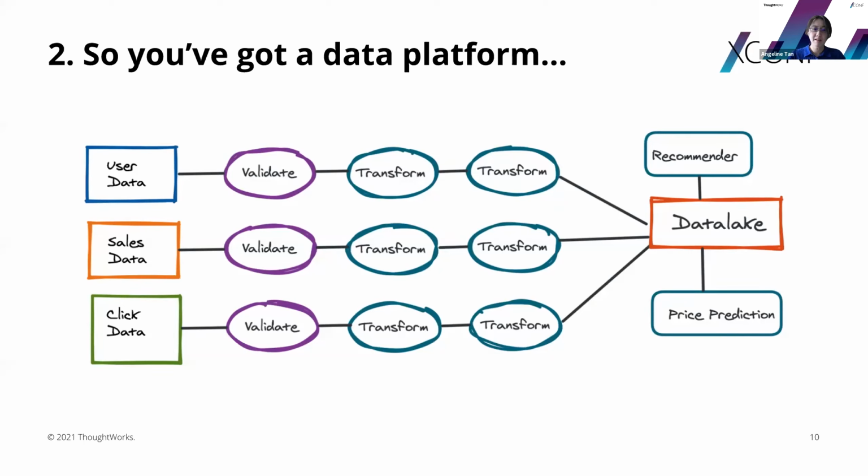And what it does is it saves the data to a central data lake. And from there, the recommender model is trained with data from this data lake. And all pipelines are working functionally fine.